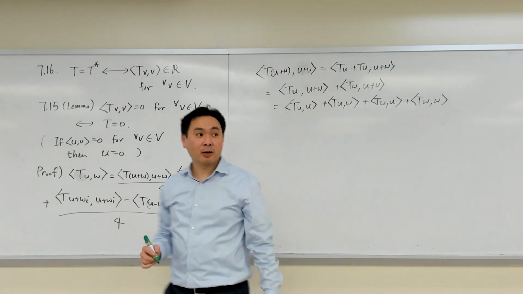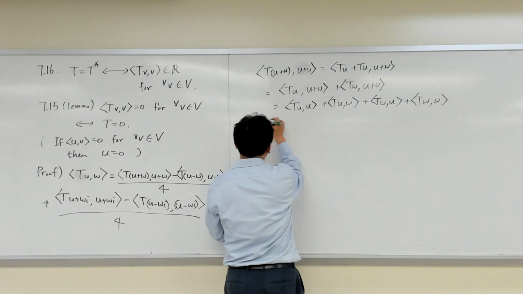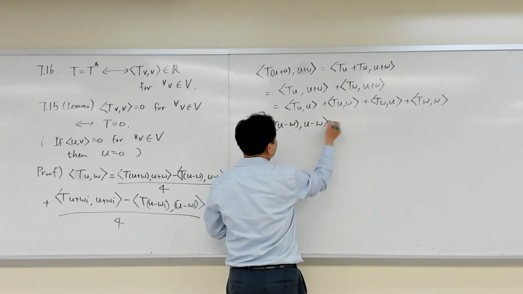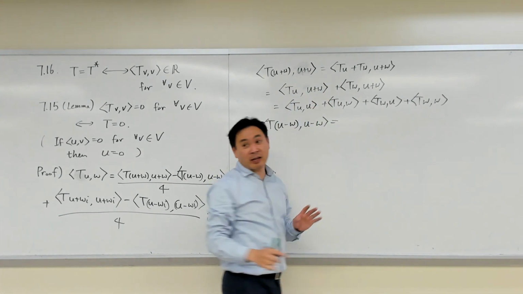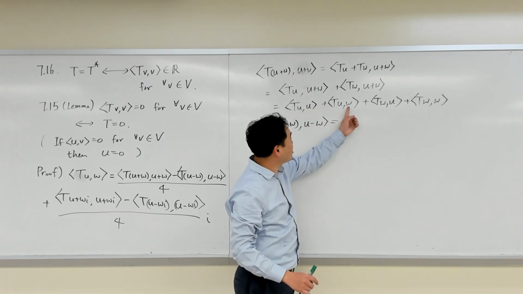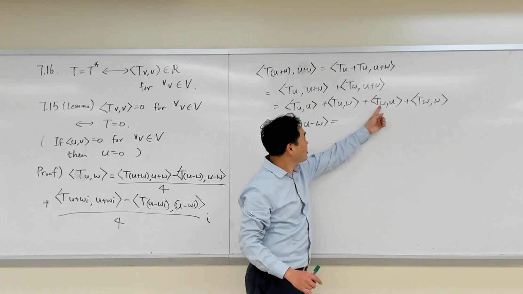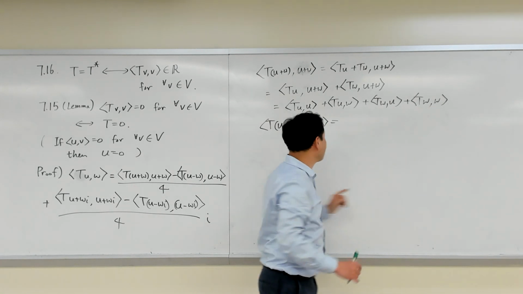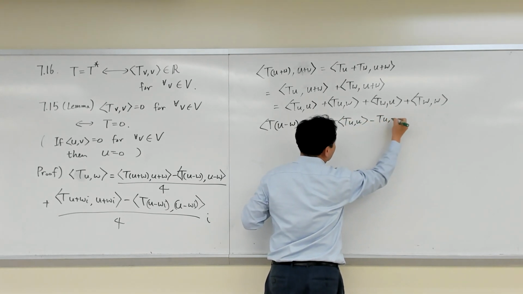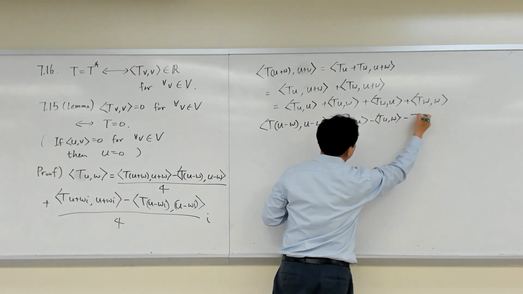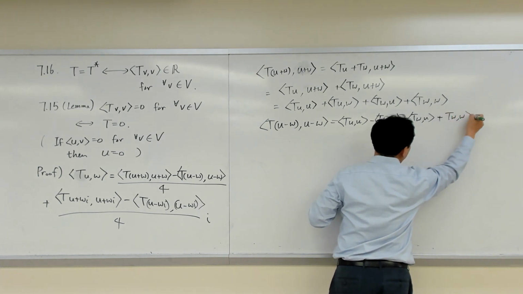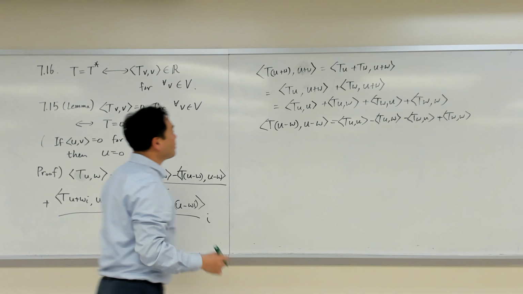That's what happens. Okay, and now this next one, <T(u-w), u-w>, is exactly like this, except w is replaced by negative w, right? So the outcome will be exactly the same, except that whenever you have a w, you need a minus. But this has two minuses, so it's a plus. So it's going to be <Tu, u> minus <Tu, w> minus <Tw, u> plus <Tw, w>.